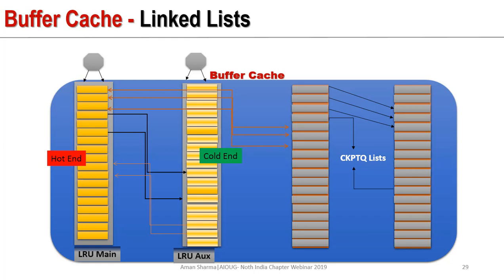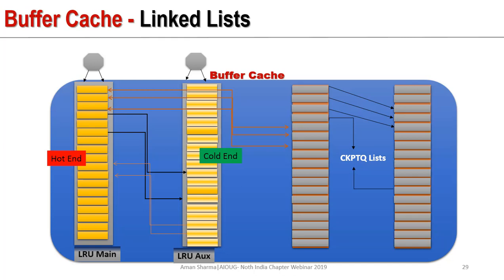In case buffers are made dirty, they can be part of the CKPTQ list, which is 2 in number. In one list the buffers are attached, and from the second list the buffers are written to disk.